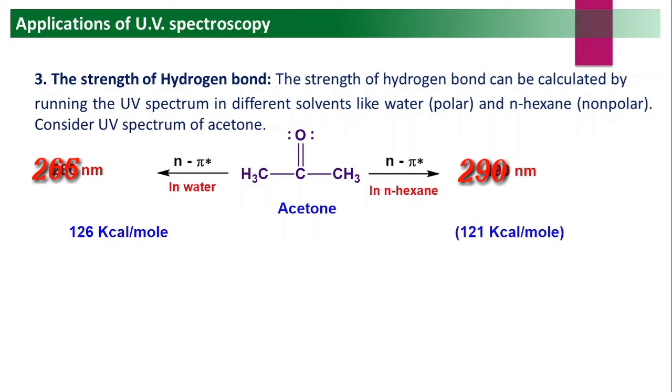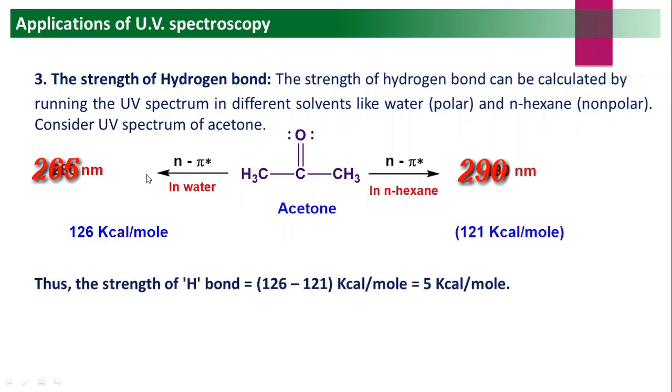So this energy gap is called the strength of hydrogen bond. This energy gap is due to hydrogen bond. The strength of hydrogen bond will be 126 minus 122 kilocalorie per mole, that is 5 kilocalorie per mole. So this is the strength of hydrogen bond in the case of the water and acetone system.